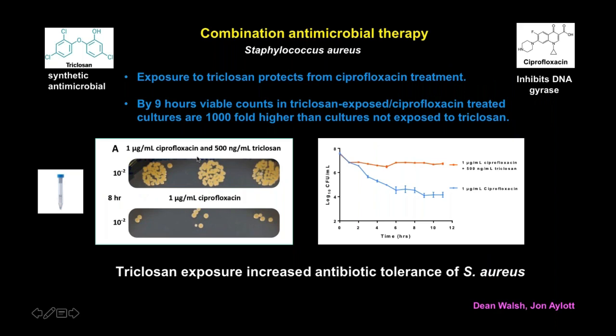So we looked first in the broth to repeat the experiment I showed earlier with the E. coli, and you can see that when we pre-treat with the triclosan, we have less surviving cells. When we've then added the ciprofloxacin, you can see here as well, cells treated with triclosan and ciprofloxacin surviving, whereas ciprofloxacin alone can kill them off quite easily.